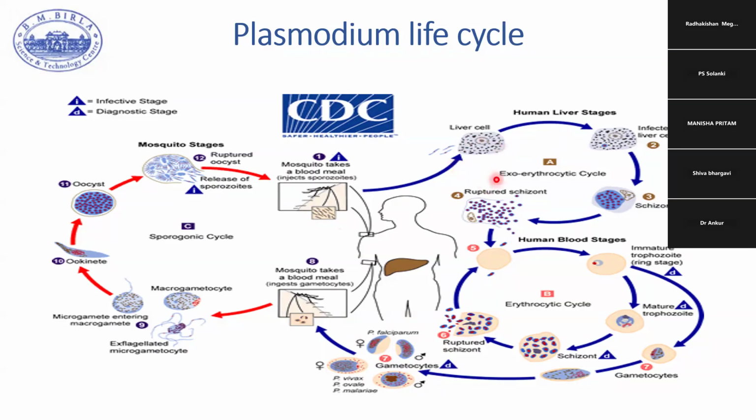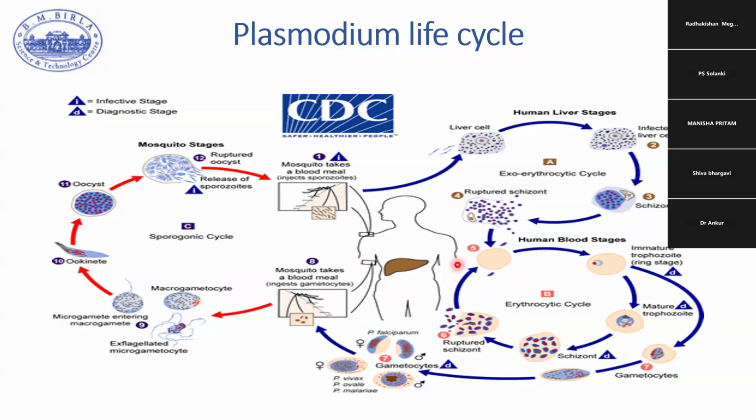The second problem is that we have to identify which proteins are expressed on the surface during the liver stage and during the blood stage. So if you're going to develop a vaccine, you have to study the whole pathophysiology of your parasite. This is just an example of Plasmodium.